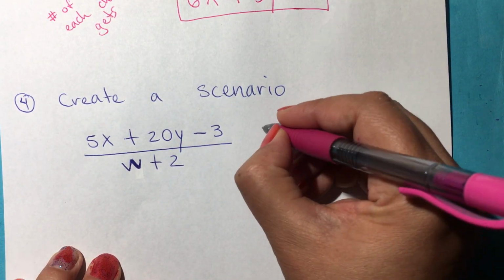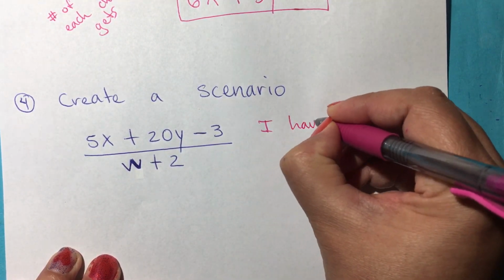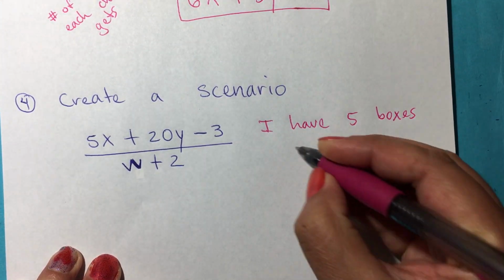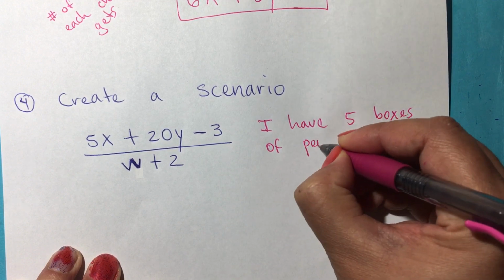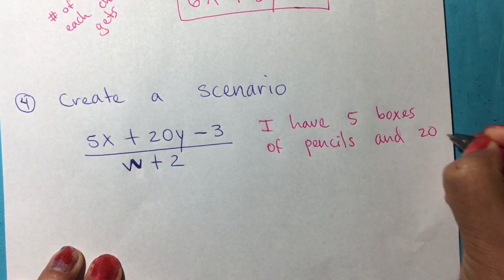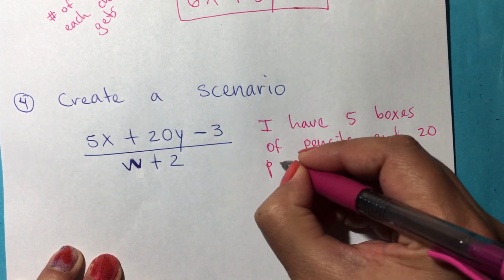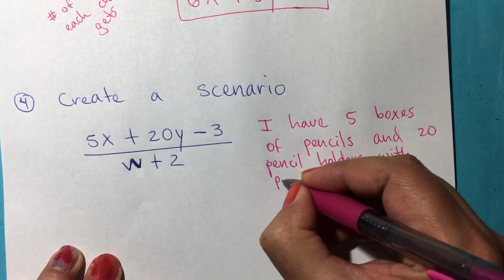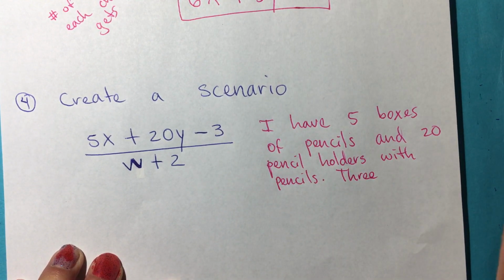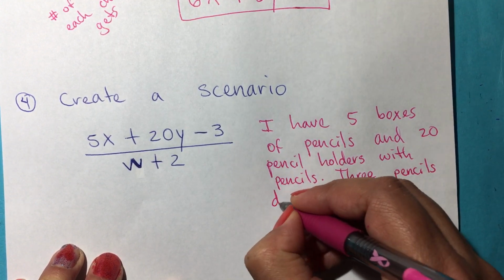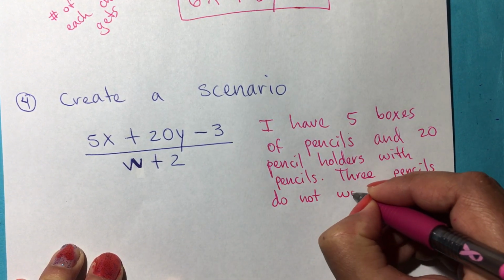Okay, so let's write that down. I have 5 boxes of pencils and 20, let's put pencil holders with pencils. 3 mechanical pencils, I just put pencils, but 3 pencils do not work.